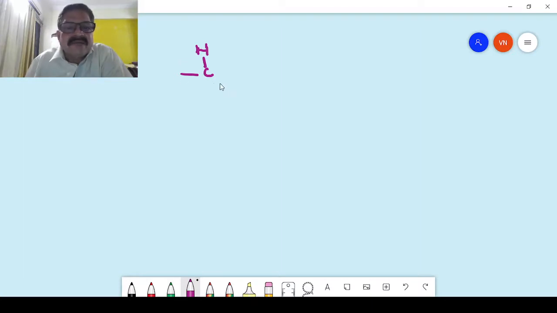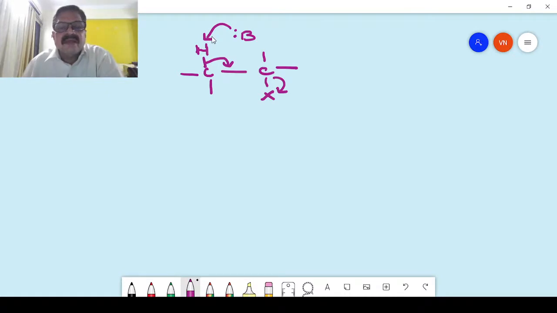This is the beta carbon, and this is the alpha carbon, CX, with X as the leaving group. The base takes this proton. This is the simple mechanism of the elimination reaction. This is the alpha and this is the beta carbon, so this is beta elimination.